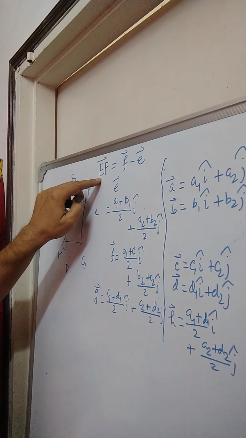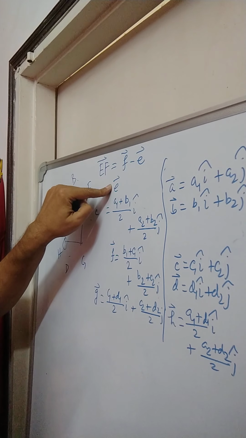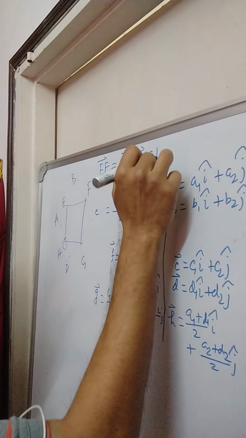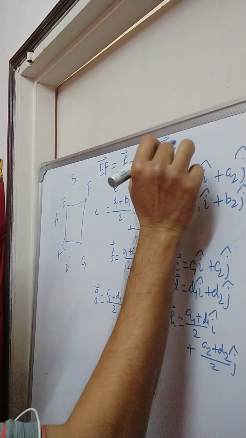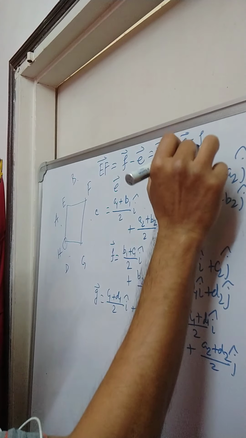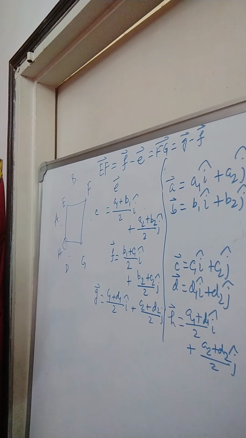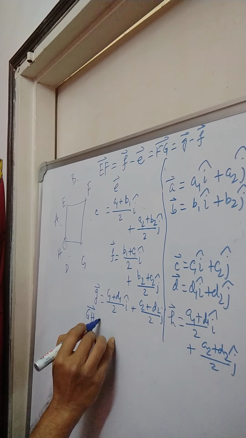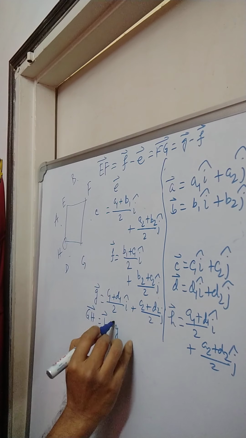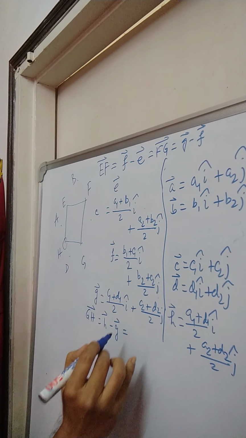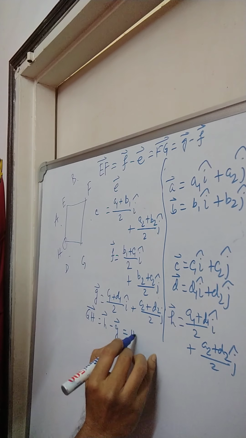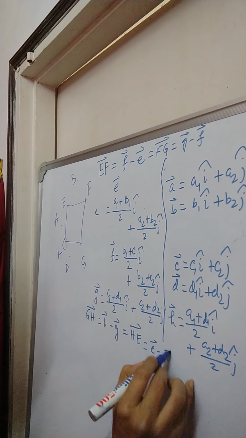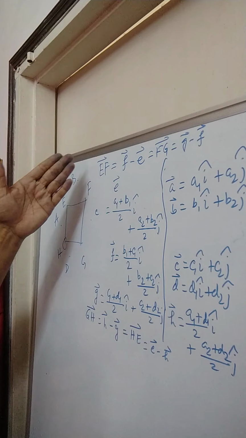So, just do F minus E, you can easily find that it will be equal to FG, which is equal to G minus F. And similarly, if we find GH, which is obviously H minus G, that will be equal to HE, which is nothing but E minus H. This is simple algebra. I am not elaborating on it.